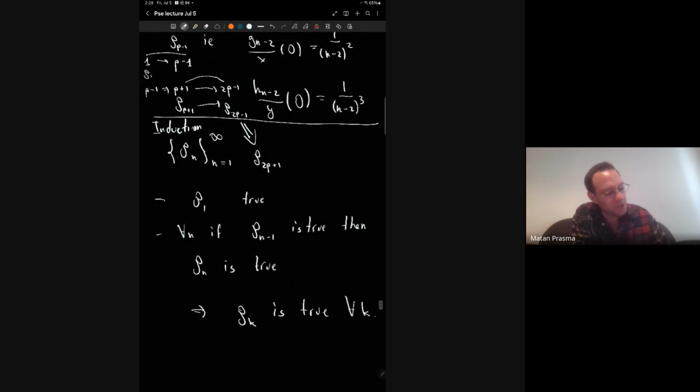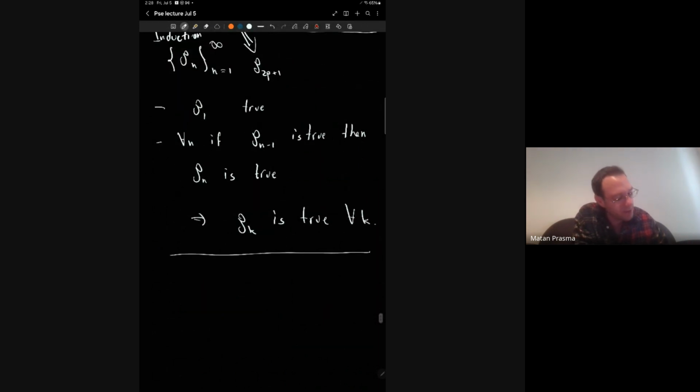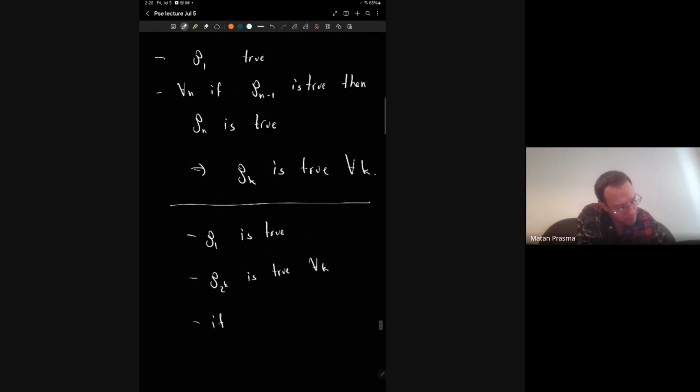For example, just to trigger your curiosity, if I want to prove all the claims rho n, I could prove that rho 1 is true, and that rho of 2 to the k is true for any k, and that if rho of t is true, then rho of t minus 1 is true.